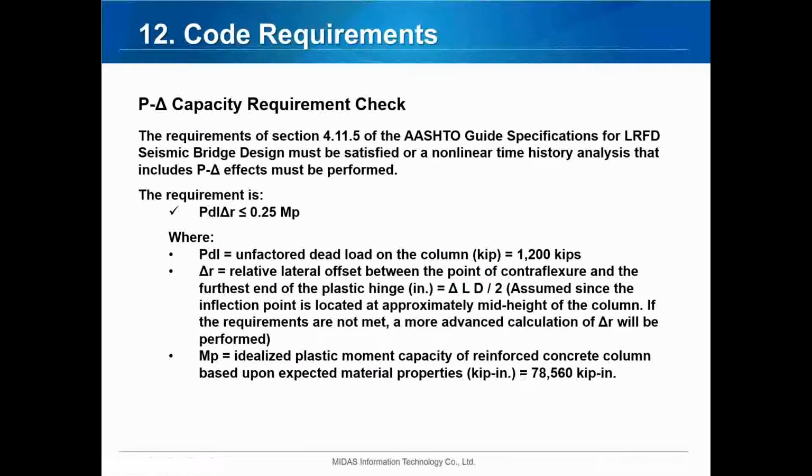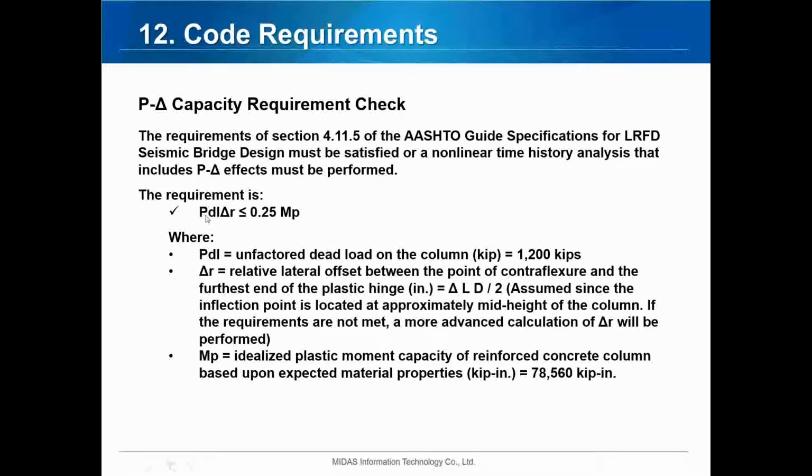And so at this point, I wanted to briefly go over the code requirements. The first one being the P delta capacity requirement check per section 4.11.5 of the guide spec.